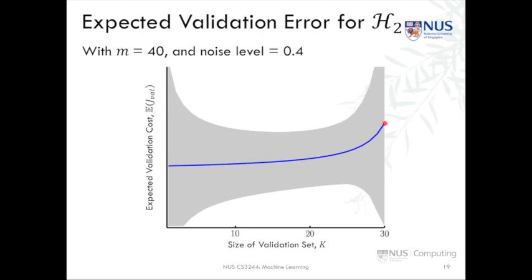Well, when we have too many points for validation, our cost goes up. But why does our cost go up? It's because our model is not trained with sufficient amounts of data. As we increase the amount of data that we train with, the cost goes down because our model is getting more accurate. It continues to go down all the way here.